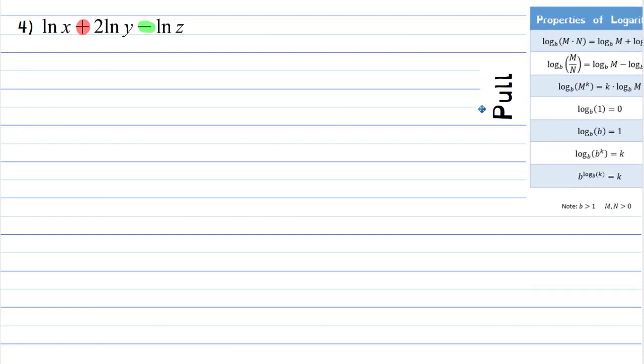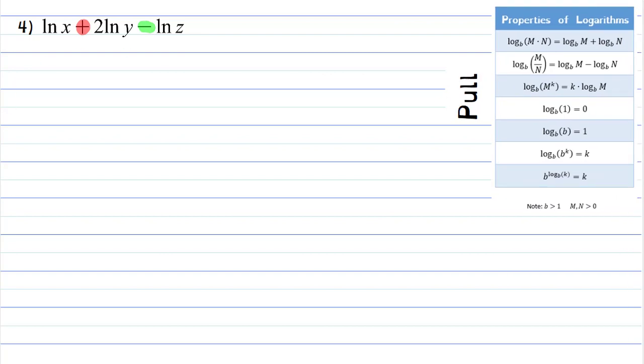Let's pull that out so we can look at the properties. The subtraction is going to become division when we work it, and when we had addition, that became multiplication. We also have a coefficient that's going to become our exponent.